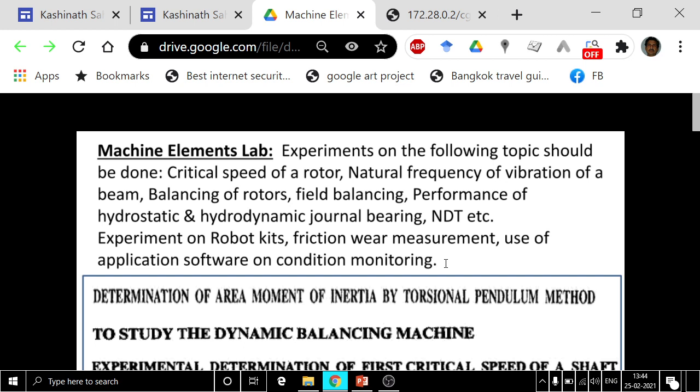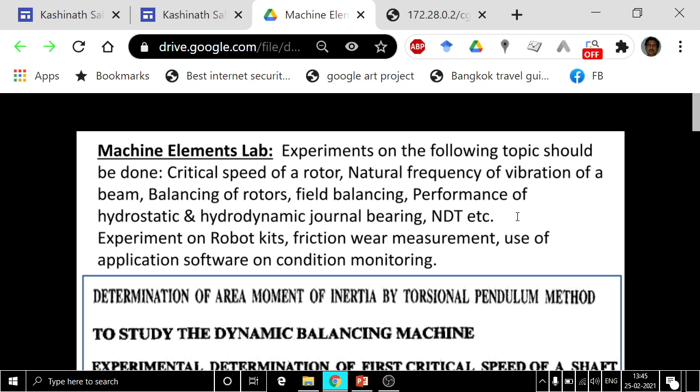It depends on the particular teacher who takes up the sessional class, and depending on his area of expertise, he will carry out some advanced experiment. But we will be discussing the experiments which we carry out at the undergraduate level.